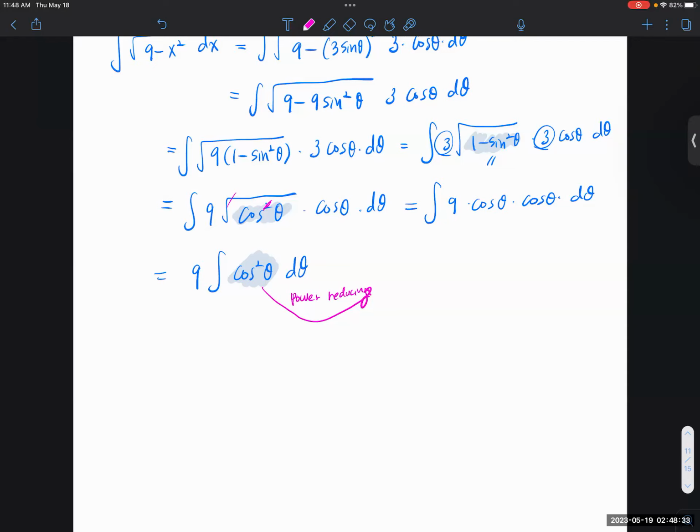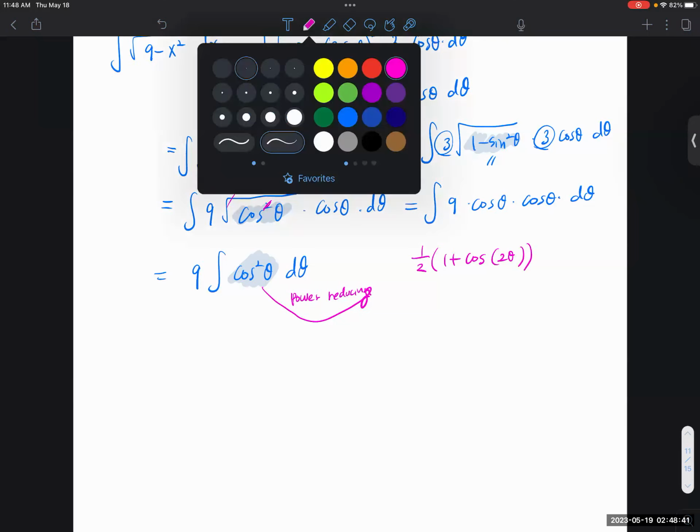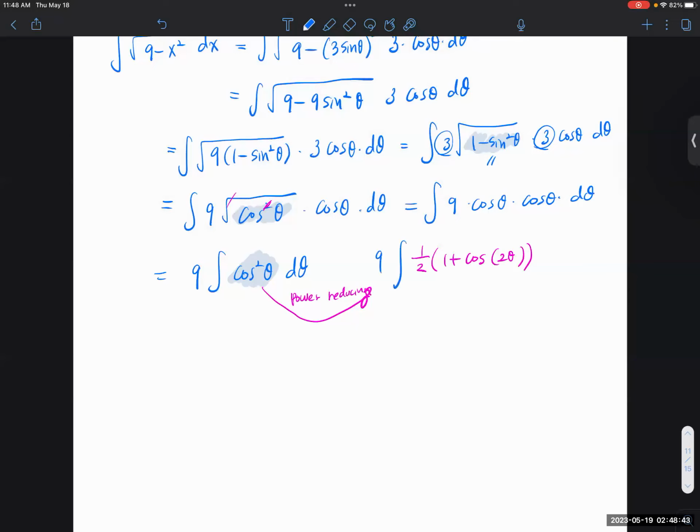So it's going to be 1 over 2, 1 plus cosine 2 theta. So we have 9 integral and d theta. The cosine squared theta is the same as 1 over 2 times 1 plus cosine 2 theta, right? So this is the power reducing identity.